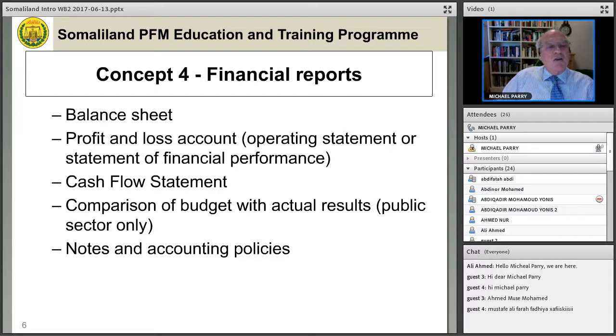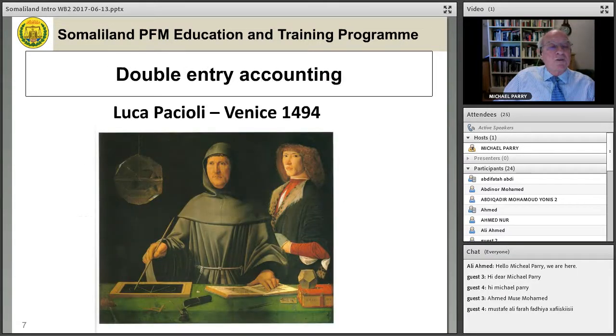It's the cash flow statement. And for the public sector only, a comparison of the budget with the actual results, what you expected and what actually happened. And then finally, it's the notes and accounting policies. In this workbook, we will be concentrating particularly on the first two, the balance sheet and profit and loss account, at least to begin with anyway.